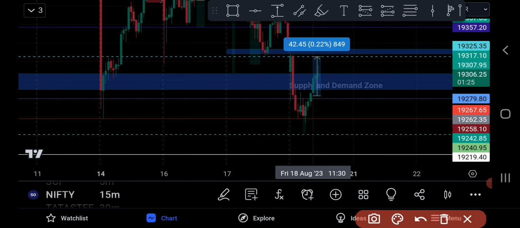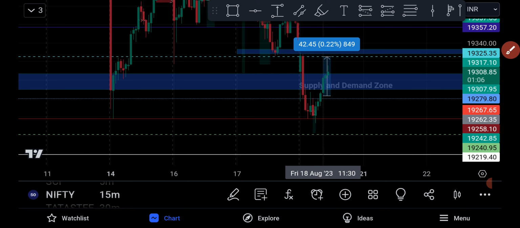If it again comes to this point, remember this point, then the market could break here and go all the way down to the 19,000 level. The big players sitting at the 19,000 level are trying hard to keep the market between 20,000 and 19,000.